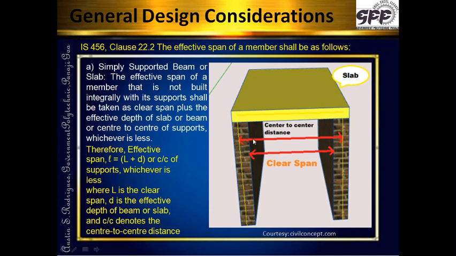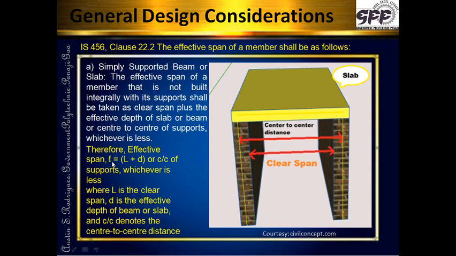So there are two conditions given over here. It says effective span, we are writing effective span as small l. It is taken as L, that is clear span, plus the effective depth small d, or center to center distance between the supports, whichever is smaller.